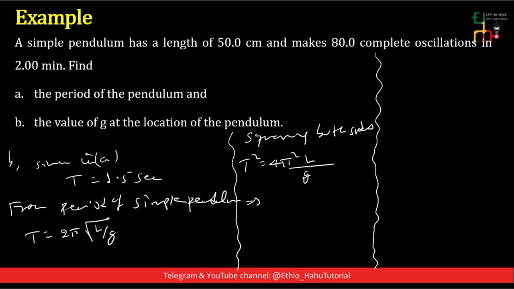And from this, g is equal to 4 pi square L divided by period square.